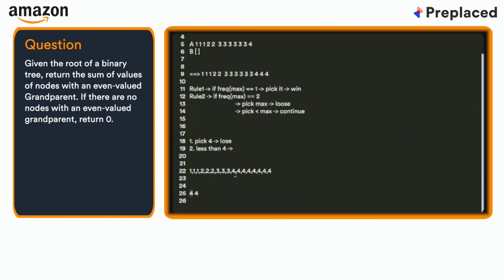Okay, let me just form it properly. Let's say this is my array, right? So now I have chosen this 4, the maximum element, and all of them have been reduced, right? So now there's only one option, or one person has to pick one number.